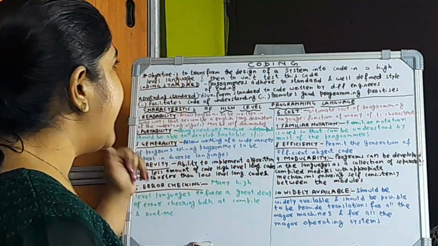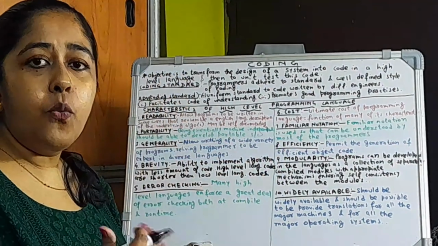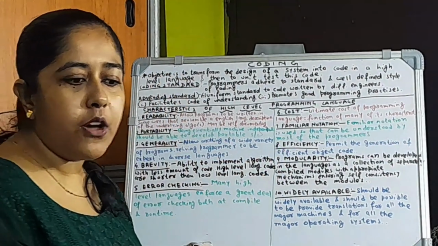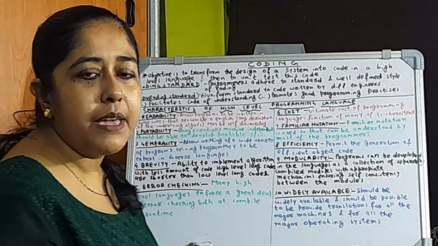Now what is next? That is the coding standard. What is a coding standard? We are always talking about a coding standard, how we have to write the code. There is a specific way to write a particular code.